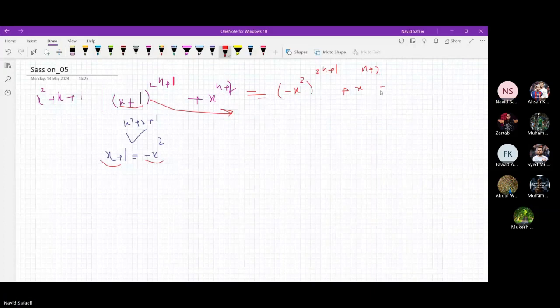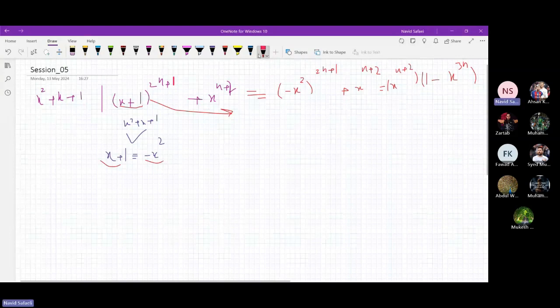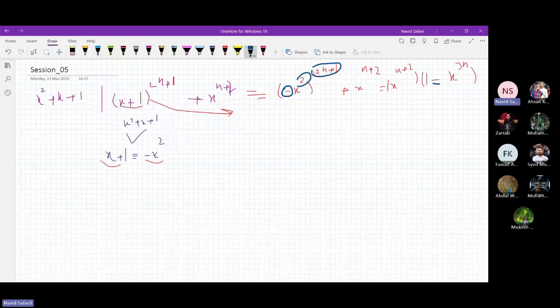This can be written in this form. You can factor x^(n+2), then what will remain is this, 1 minus x to the power of 3n, right? Do you agree? This minus sign would persist. 2 times 2n plus 1 would be 4n plus 2. Factoring n plus 2, we will have 3n, right?